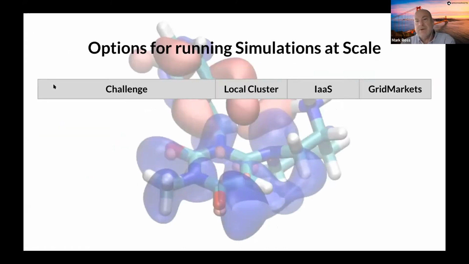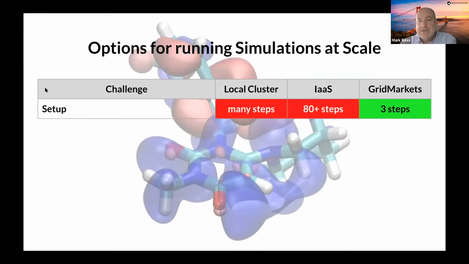So let's talk about what some of the differences are between this approach and the more traditional approaches of building a cluster or building something on top of an IaaS, an infrastructure as a service solution, versus the Grid Markets option. So firstly, the setup, as I mentioned, in the Grid Markets case, is super easy. It takes 3 steps, whereas the other 2 options are much more complicated to set up.